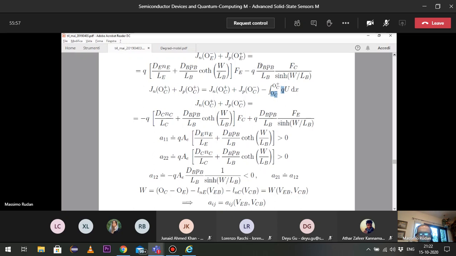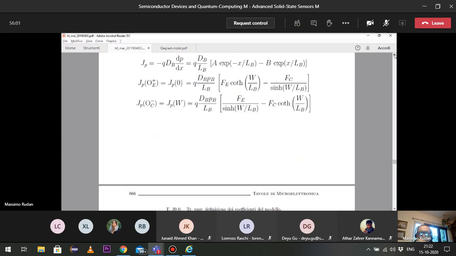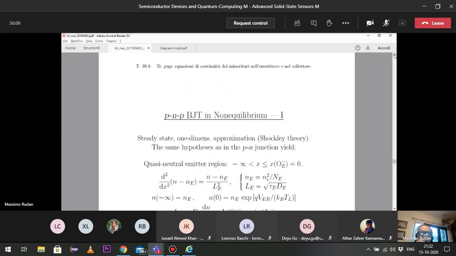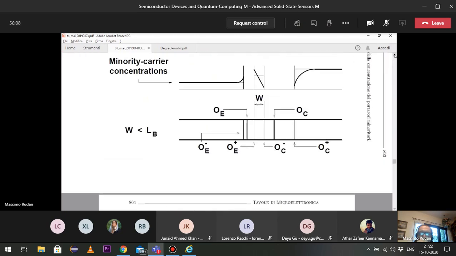And if you go back to the figures, this one, for instance, W is the distance between OC minus and OE plus. If you change the bias on this junction, you move OC minus.